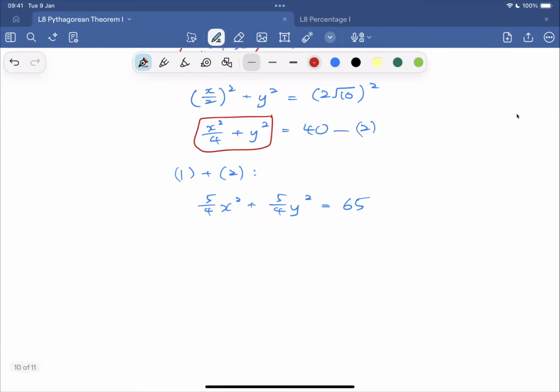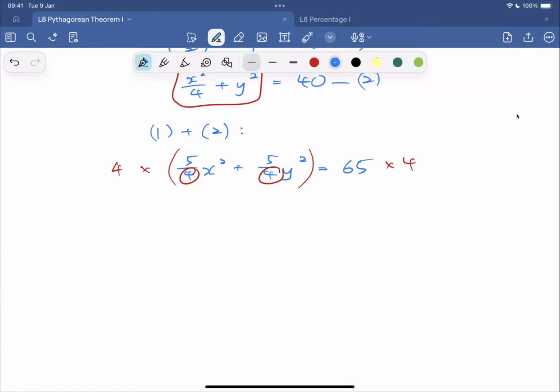Now, let's get rid of all the number 4. How do you get rid of them? Multiply everything by 4, then you can get rid of the fractions, right, students? But you also want to get rid of the number 5. Why not we just multiply everything by 4 over 5?